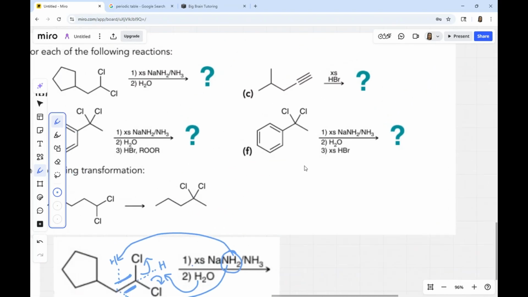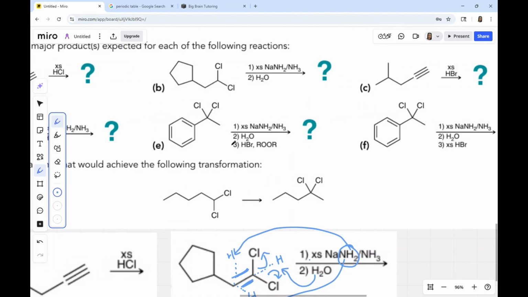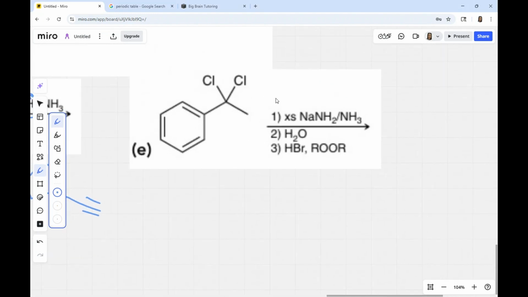Okay, let's do 8, because this looks kind of familiar, because we have this bottom part from a reaction that we would normally see in like chapter 8. Let's do this. So let's look at this problem here. We have this reagent here, the sodium amide, or I guess like amine.